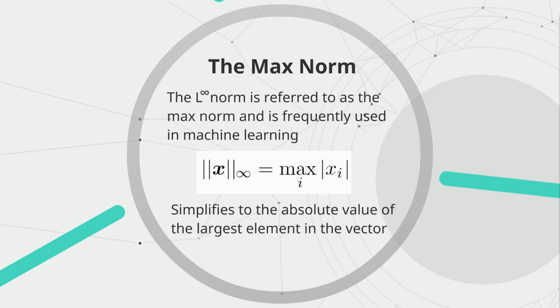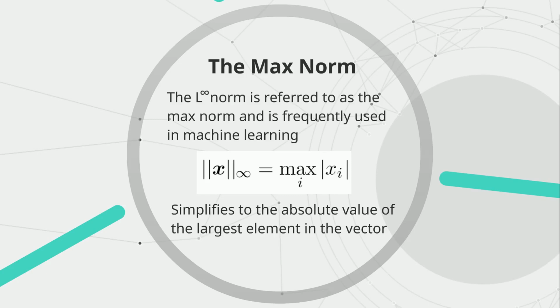And that we denote in this formula by simply the max over i of the absolute value of x_i, which is going to be equal to our max norm. So you'll see this from time to time. And although P going to infinity seems complex, it actually simplifies down to simply the absolute value of the maximum element in that particular array.